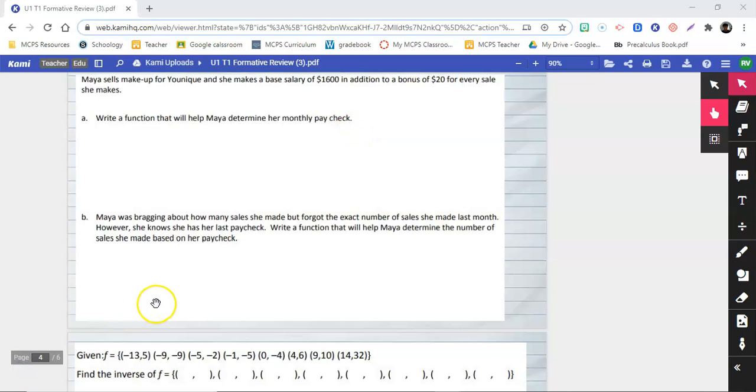Remember, in writing a function, we will need to know the variables, the independent and dependent variables.